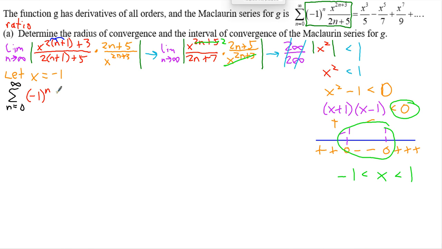So it'll be negative 1 to the 2n plus 3, over 2n plus 5. And then notice these have the same base, so you would add the exponents. So you can simplify that to be negative 1 to the 3n plus 3.